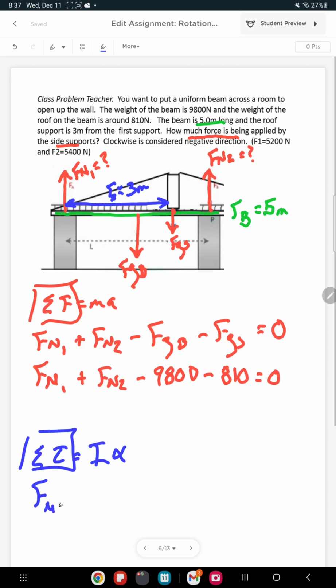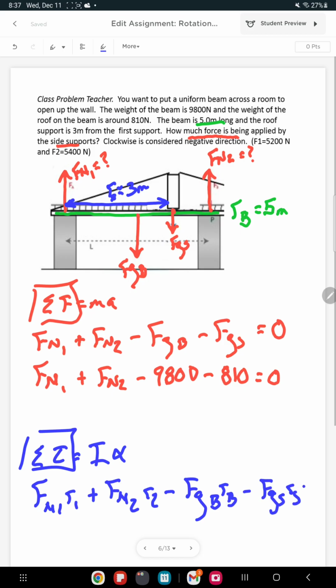So we've got Fn1 times R1 plus Fn2 times R2 minus the weight of the beam times the radius of the beam minus the weight of the structure times the radius of the structure. And we don't want it to rotate, so we're going to sum that out to 0 too.